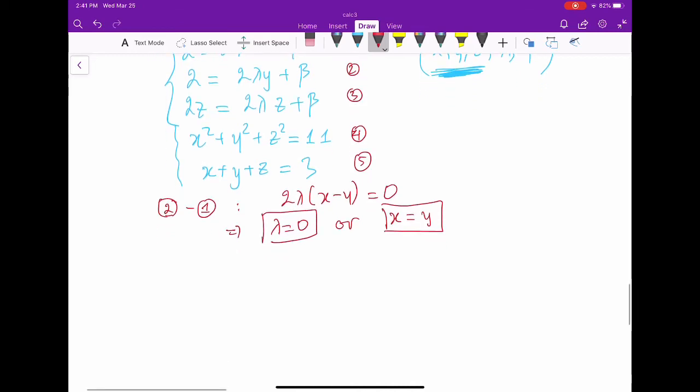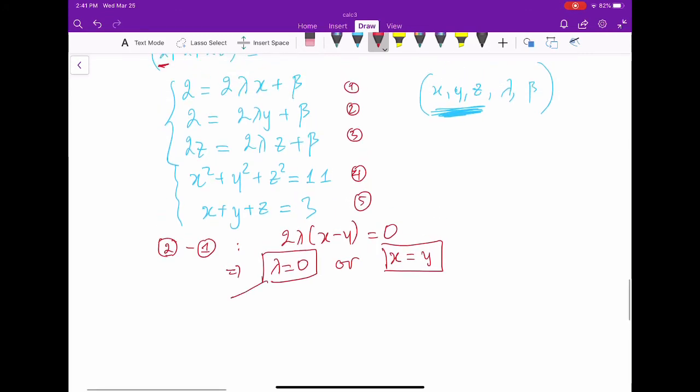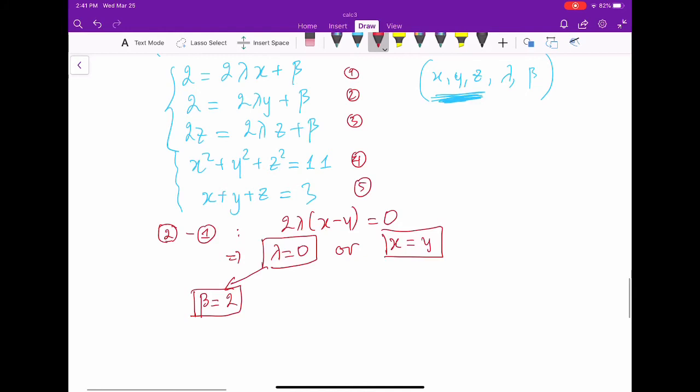For the case when lambda equal to 0, you get beta equal to 2, right? And you plug this into the third equation right here, you see? From there, you get z equal to 1.